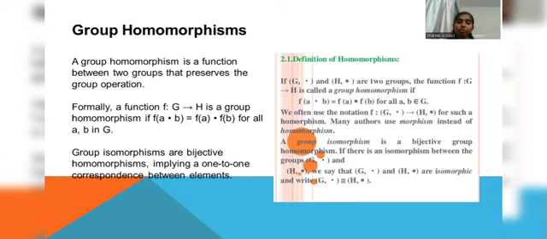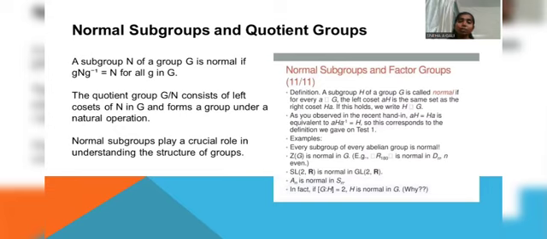Formally, a function f from G to H is a group homomorphism if it obeys the condition f(A dot B) is equal to f(A) dot f(B) for all A, B in group G. Group isomorphisms are bijective homomorphisms, implying a one-to-one correspondence between the elements.